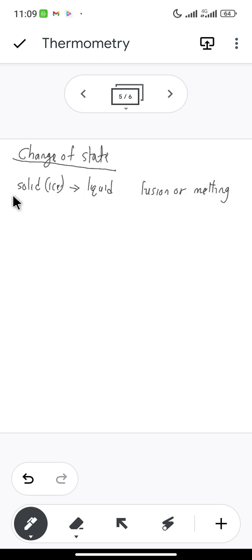When there's change of state from liquid, let's say water, to solid, you call it freezing or solidification.